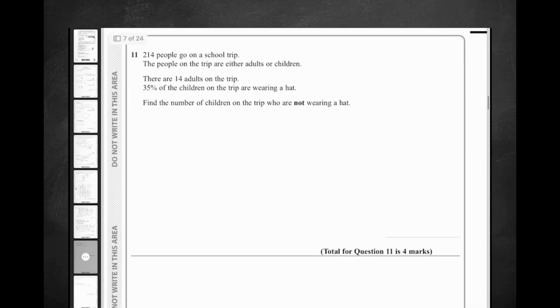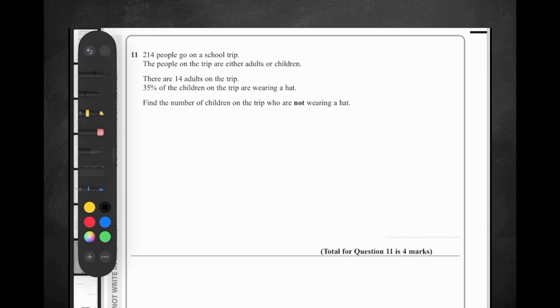Question 11. 214 people go on a school trip. The people on the trip are either adults or children. There are 14 adults on the trip. 35% of the children on the trip are wearing a hat. Find the number of children on the trip who are not wearing a hat. So, 214 on trip, 14 adults.